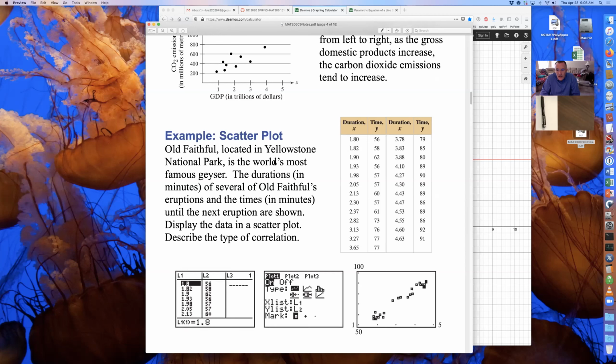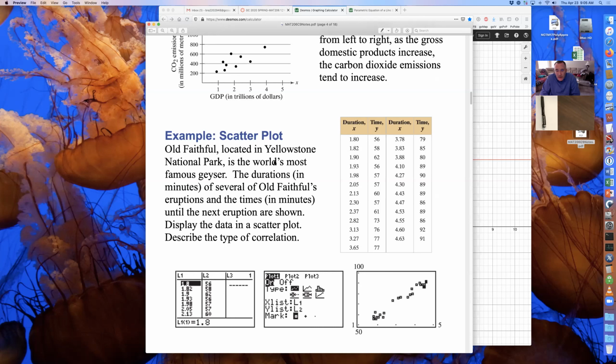And so the question is, if you time the eruption, then you should be able to predict how long it's going to take before the next eruption. So let's say you have a 1 minute eruption. Well, actually the times are between about almost 2 and 5.